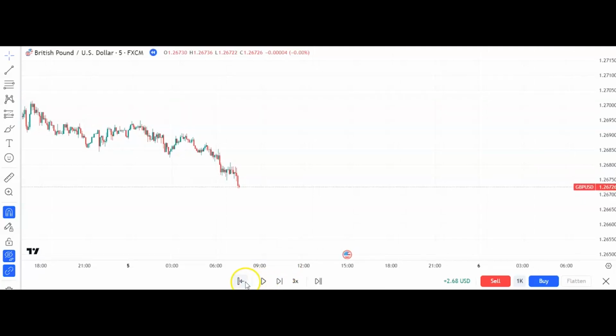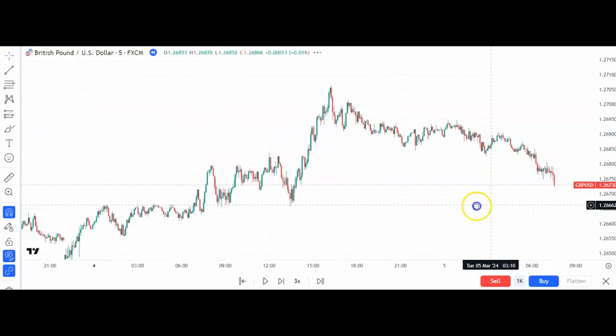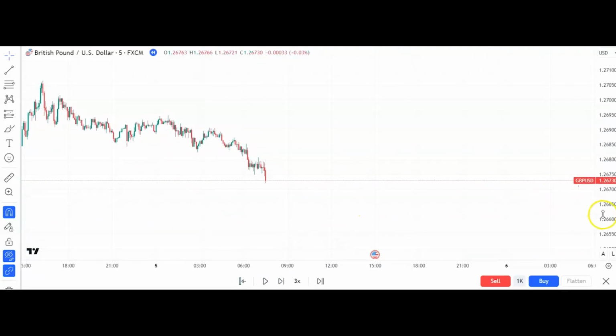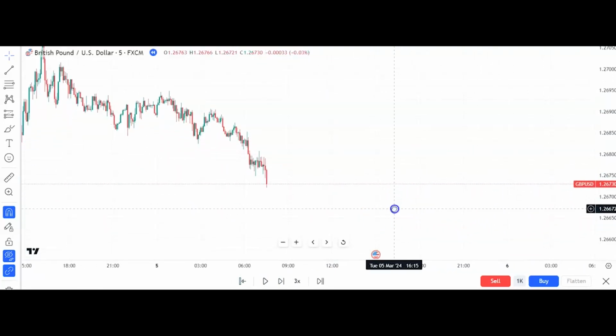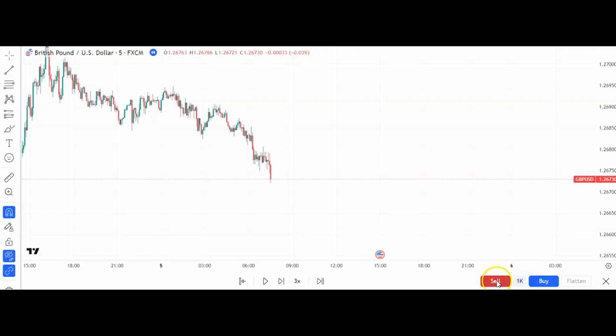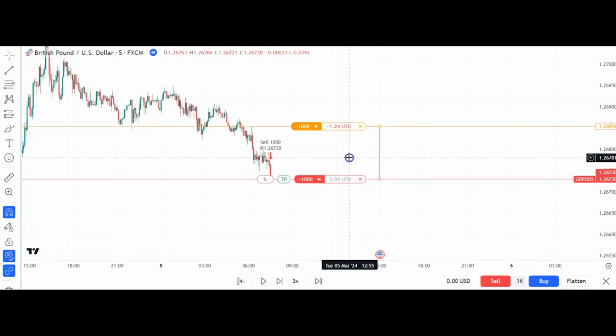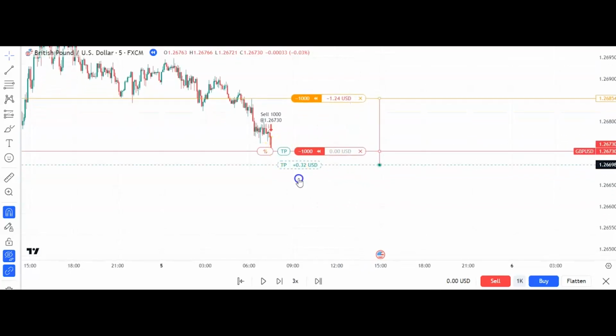Oh, there it was, sorry. So yeah, we're going to be looking to mark out our trade just here. So what we're going to do now is we're going to be looking for sells. So on Tuesday, we're going to place our sell order once we have our entry trigger, and then place our stop loss above the recent high, and again set a nice 2R target for our TP.